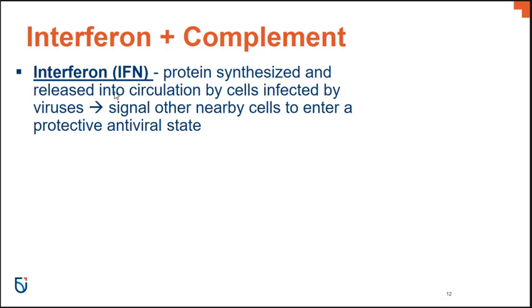In other words, warning signals are sent out to the other cells to help prepare for this viral attack. So one cell gets attacked, it's kind enough to send out a warning to all the other cells in the body. As the name suggests, interferon proteins interfere with the ability of viruses to cause widespread disease within the body.